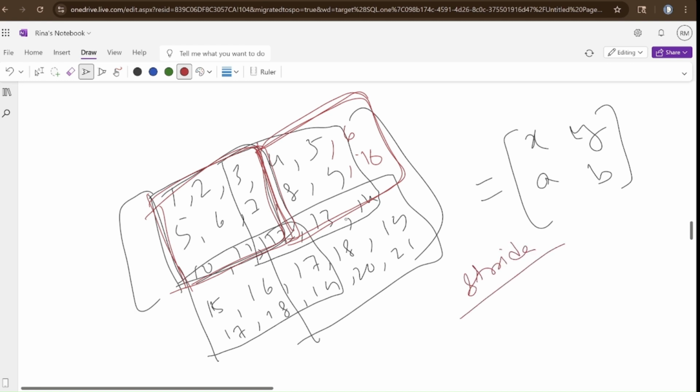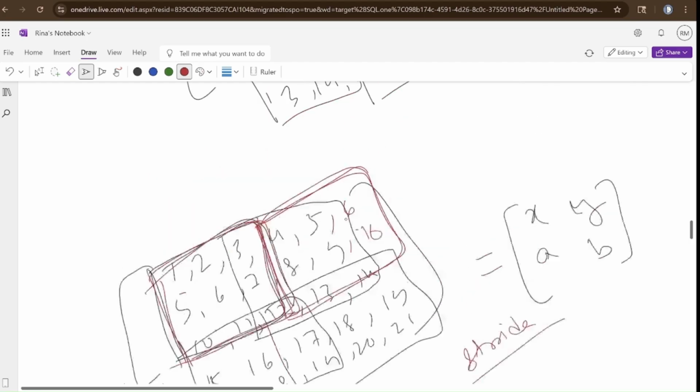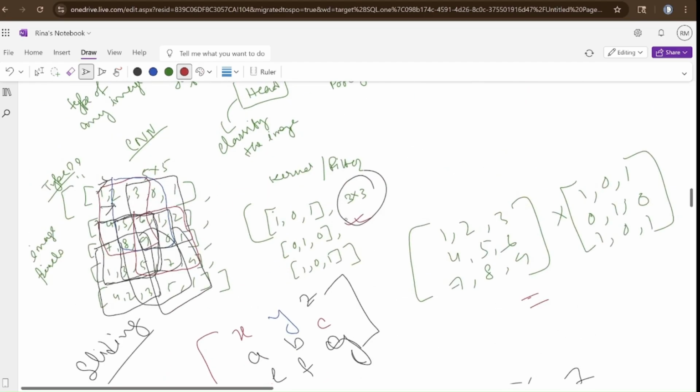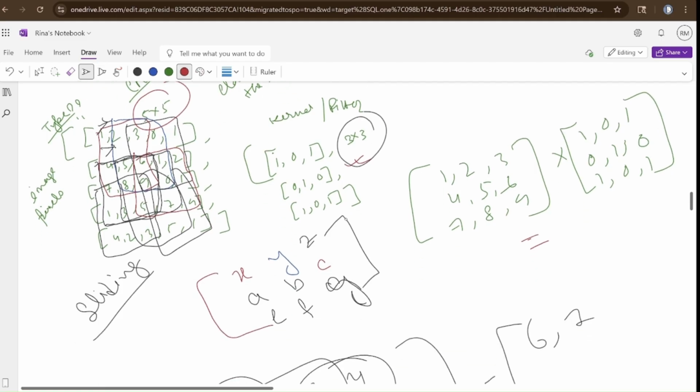Okay, now see what is the size here. Here the size is 5 into 5, but after you do the operations you are getting 3 into 3. So you can see the size is reduced, right? Now let's say if I perform this many times, then the size will be reduced to very small.